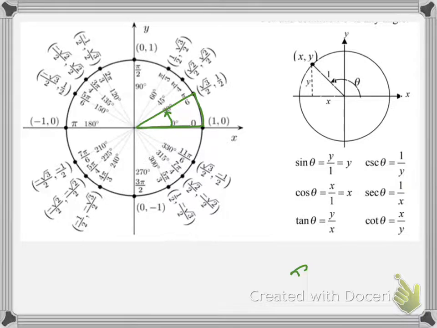So if I asked you right now, how many of these wedges do we have in the top half of the unit circle? I want you to notice that you would tell me that there are 6 of them, right? Do you see them? 1, 2, 3, 4, 5, and then 6.